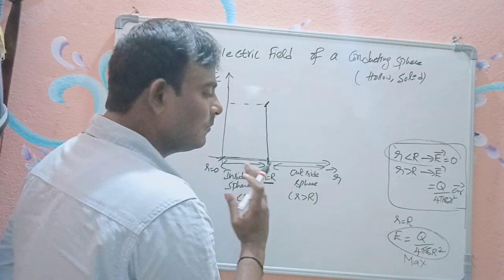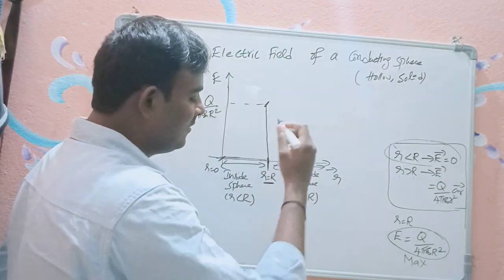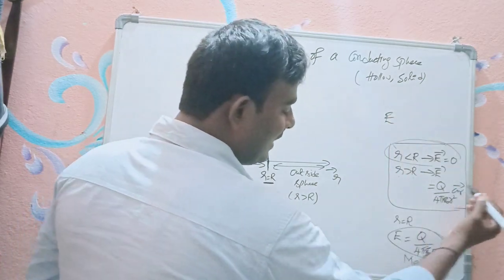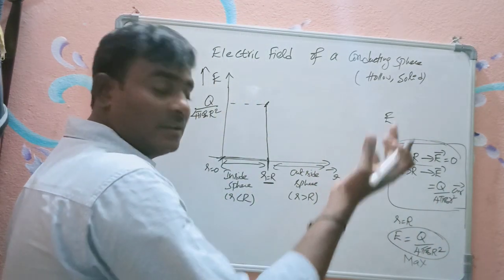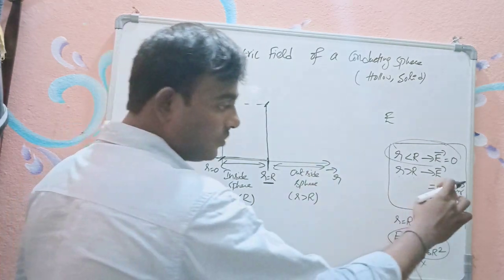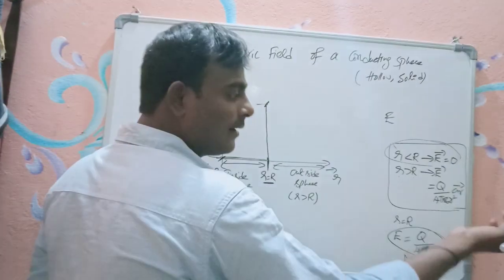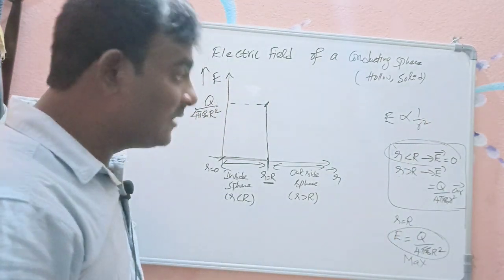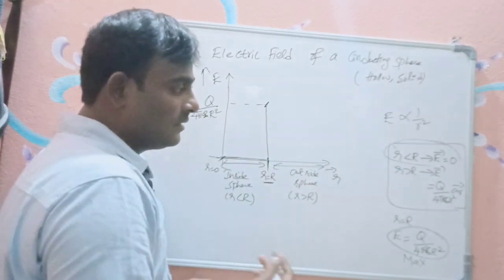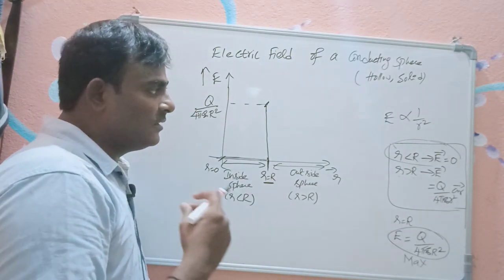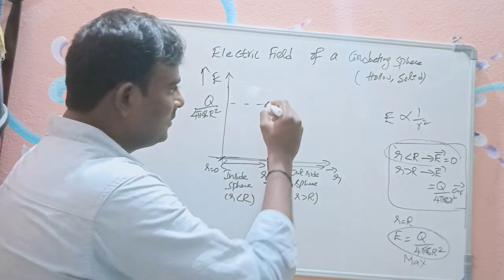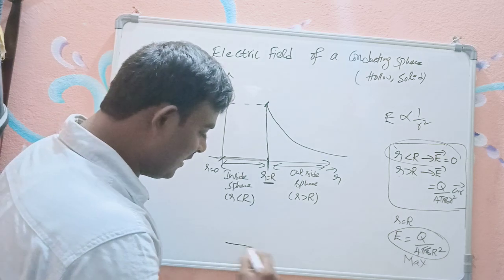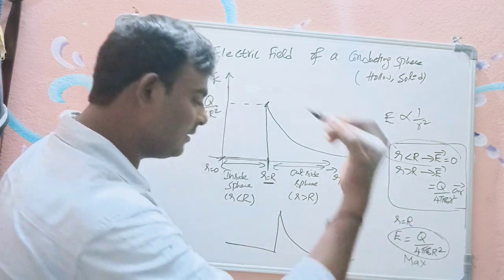Now when we move beyond the surface, for the region outside the sphere, as the charge on the conducting sphere is constant, 4 pi is constant, epsilon naught is constant, E is proportional to 1 by r square, or E is inversely proportional to the square of the distance from the center. So the E value reduces like this. So the variation looks like this.